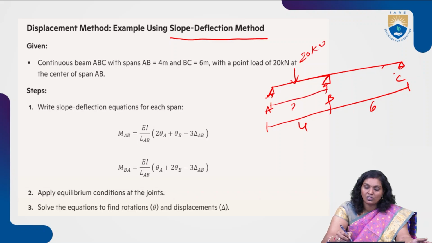From here to here, this is equal to 2 meters and 2 meters. From here to this, 8 meters. So like this, we are understanding the given problem.